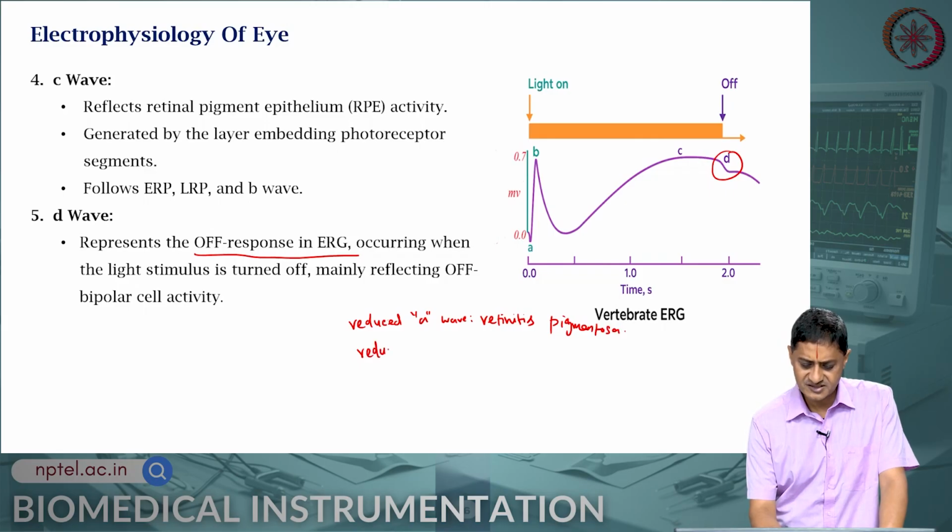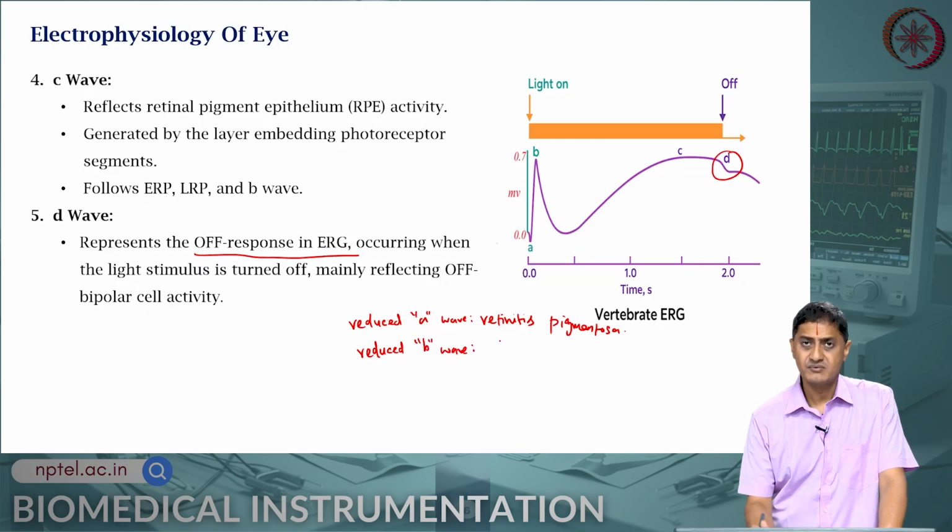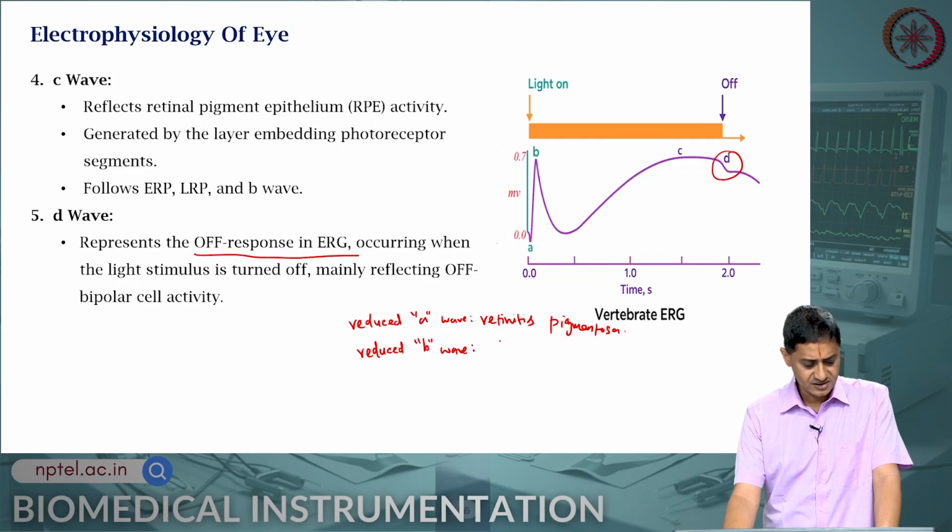Now, if the B wave is compromised, let us see, reduced B wave, what does it signify?